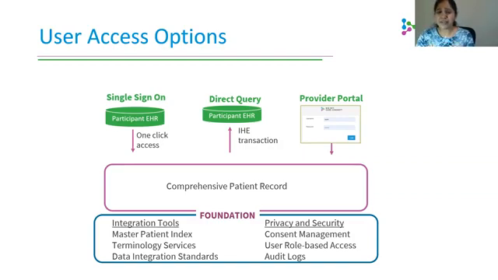So with this method, you would be within your native EMR system. So let me take an example of Epic here, because it's quite a common EMR. If you're within your Epic system, there is backend integration between Big Sky Care Connect and your EMR.